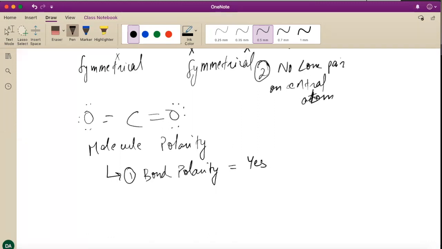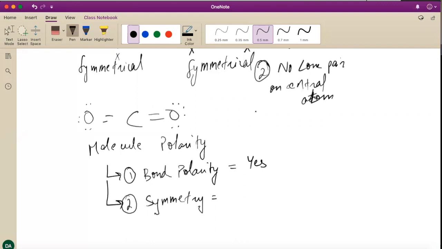So guys, if the answer for the bond polarity is yes, then you go to the next question, which is if the molecule has symmetry or not. Now, does this molecule CO2 have symmetry? Yes, it does.